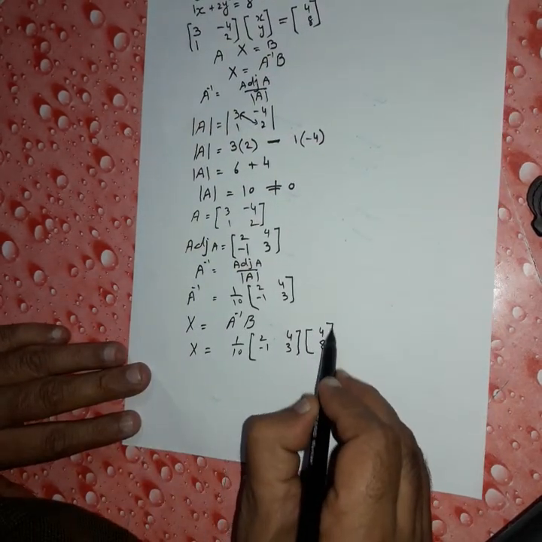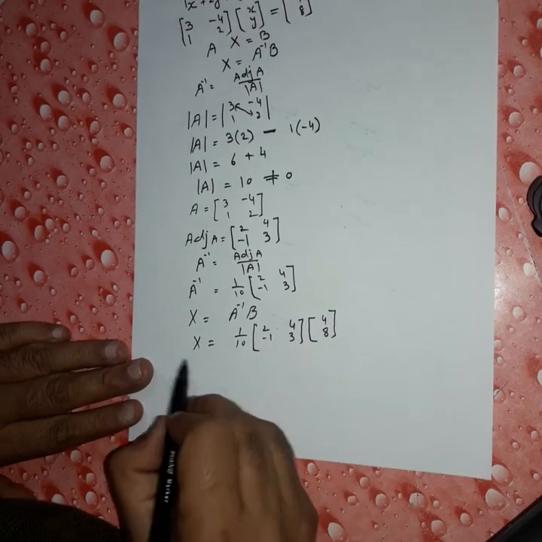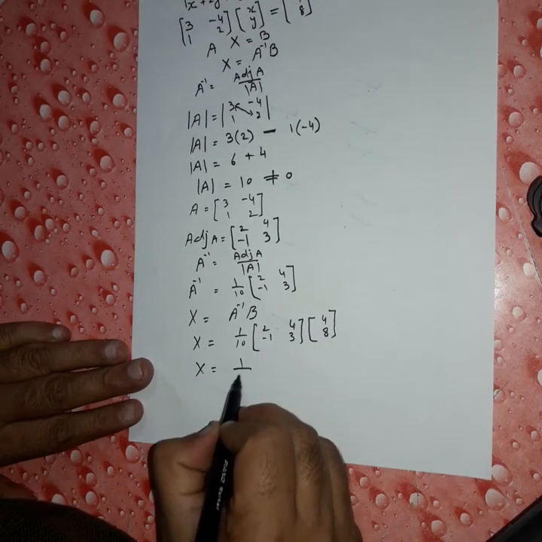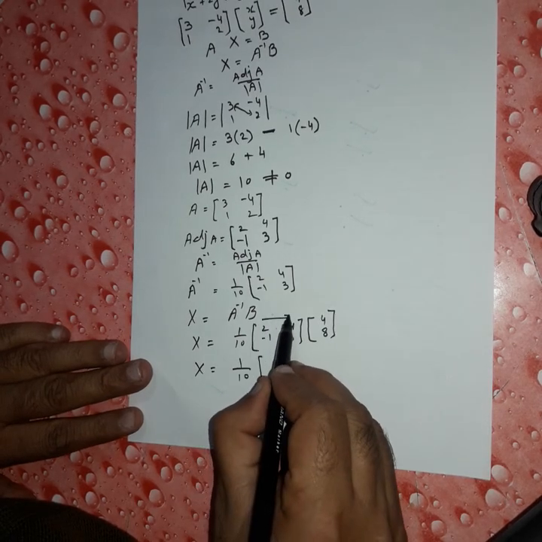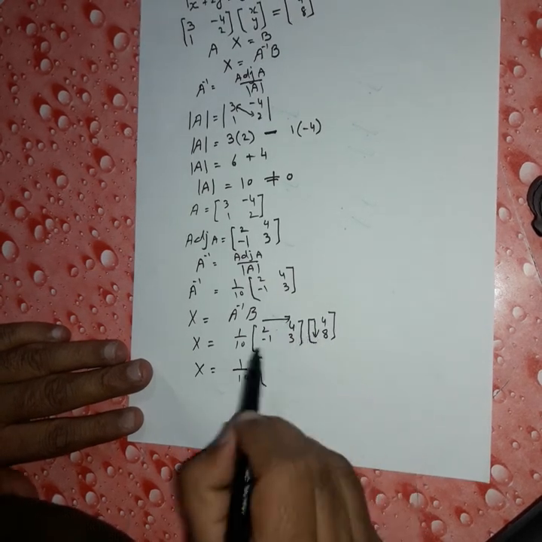Now I multiply these two matrices. Multiplication of matrices is, as we know, row multiplied by column.